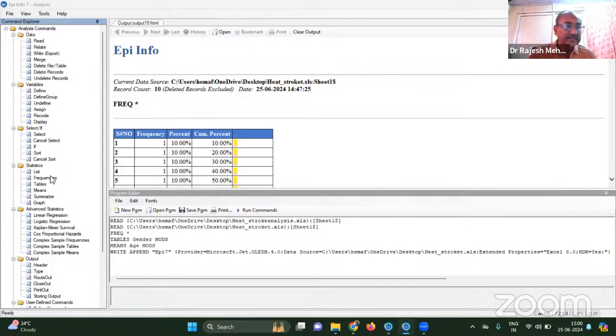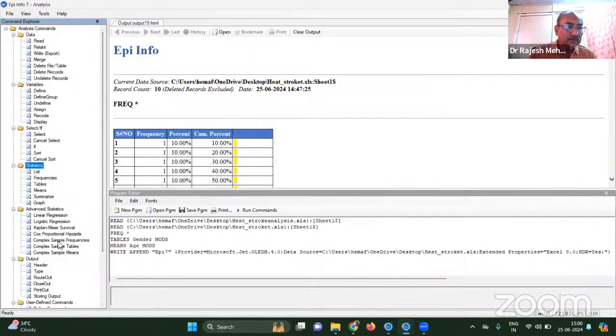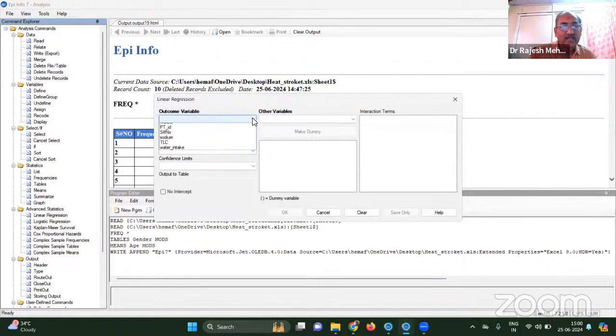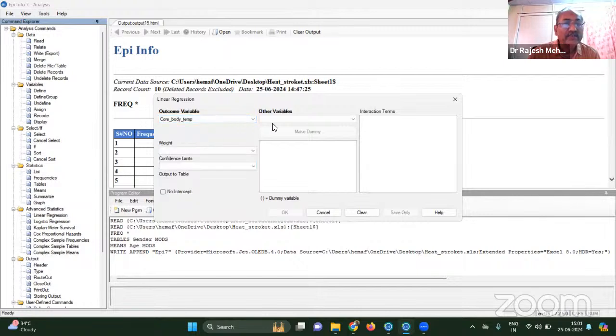For example, in this case, if you want to do correlation and linear regression, the outcome variable is core body temperature, and the other variables are water intake, income, gender, and TLC.